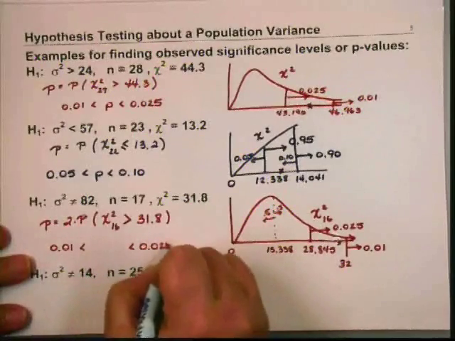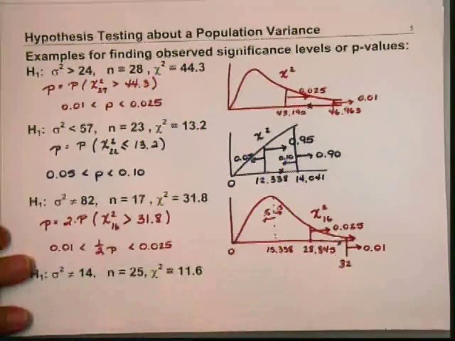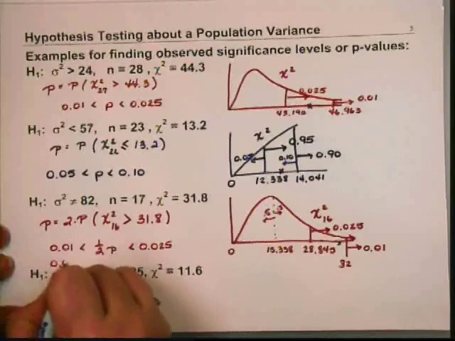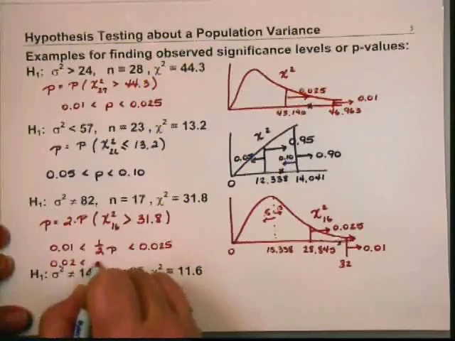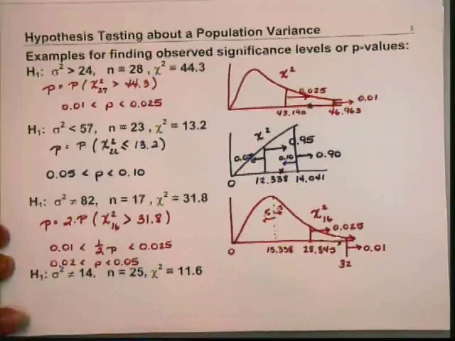What we found here is not the p-value but 1/2 of it, right? We haven't multiplied by 2 yet. So that means our p-value is between 0.02 and 0.05. Is everybody okay with that?